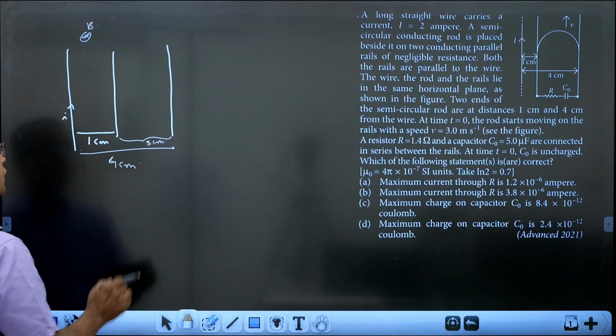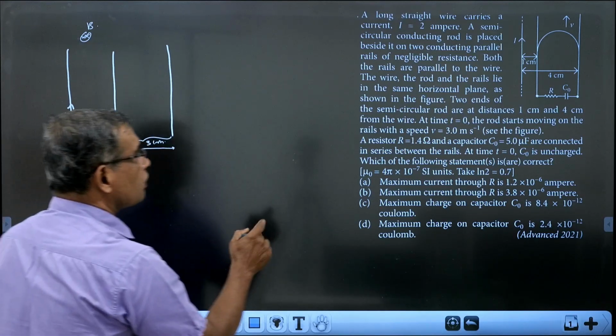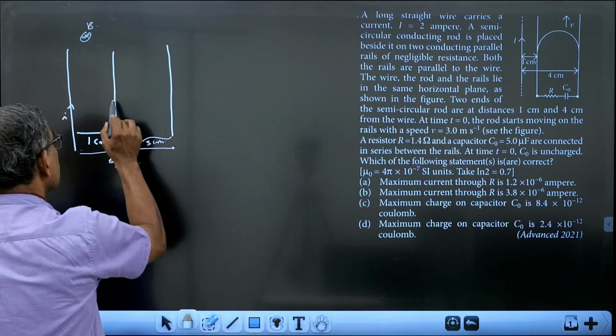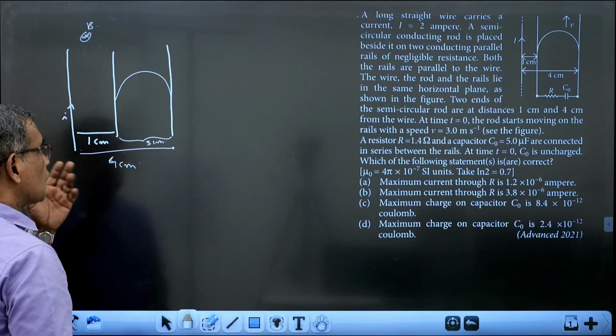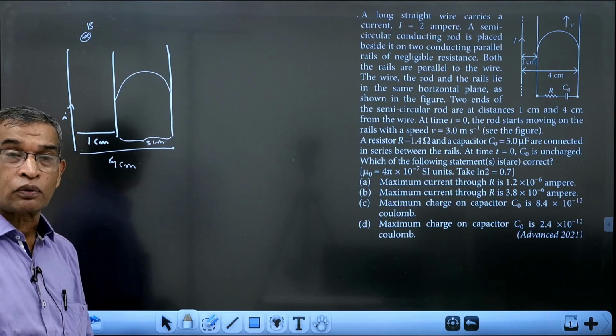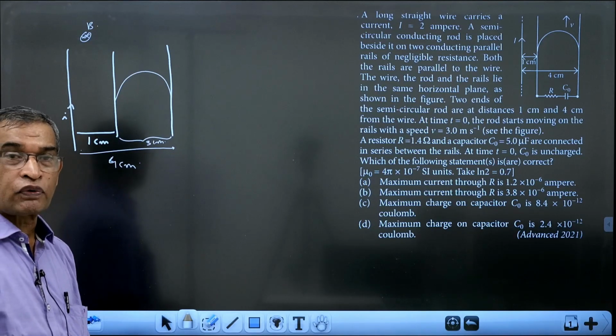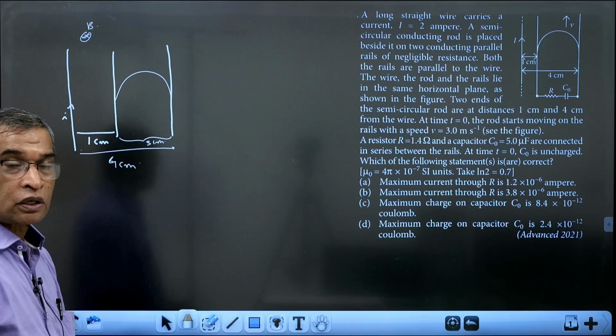Second thing, here it is connected by means of a conductor like this. Irrespective of the shape of the conductor, what we have to take into account is the effective length perpendicular to the magnetic field.